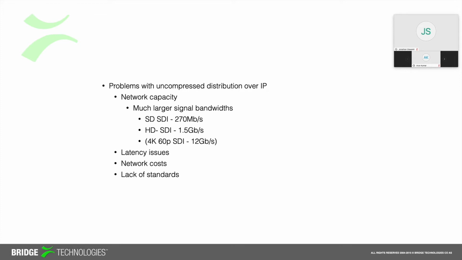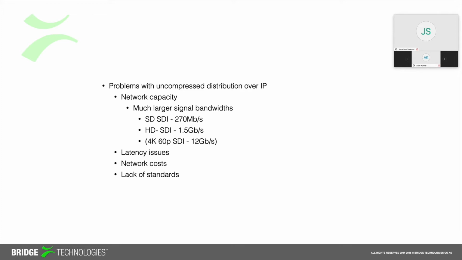But some of the problems with distributing, particularly contribution links and live sporting events, are latency issues. We need to be able to combat these latency issues. It's no good having a reliable network and a reliable transport layer if it imposes a great deal of latency and delay on live events.